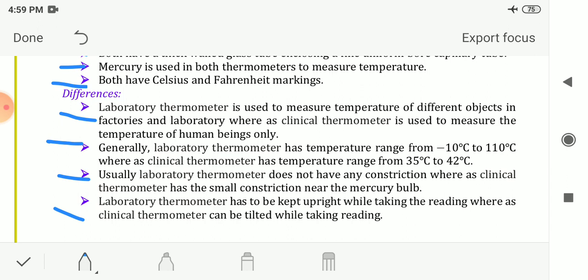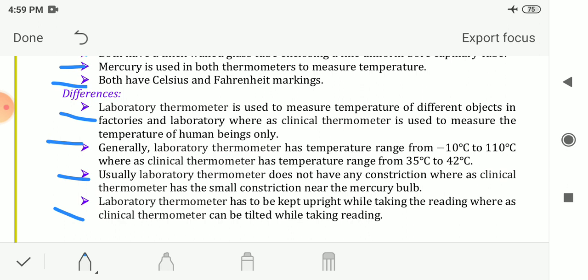As we had seen in the clinical thermometer, there is the kink, so we can tilt this thermometer while taking the reading, so that we are putting this thermometer in our mouth, so it is tilted. At that time it is tilted, and we can also however measure the temperature as it has a kink or constriction called kink.